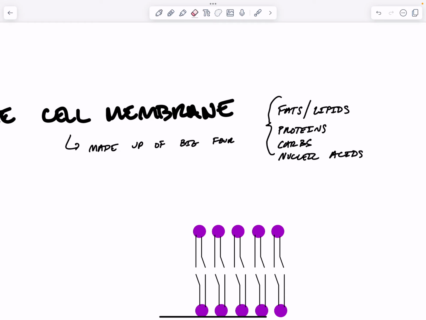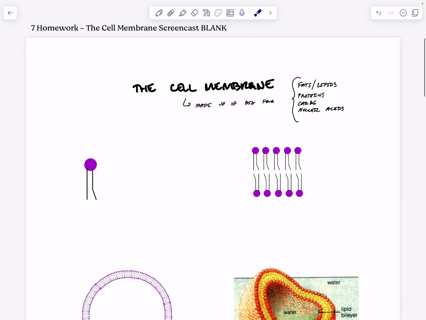But the organic compound that plays the biggest role in the overall structure of the cell membrane is actually a fat. So all of our cells are made up of just tiny little balls of fat.